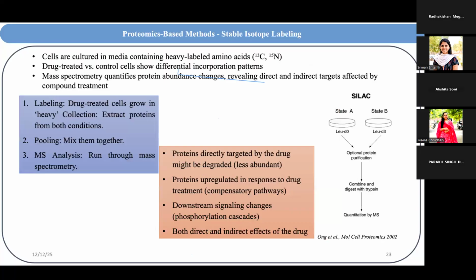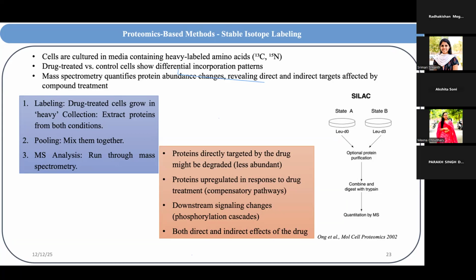Next comes the powerful topic called proteome-based stable isotope labeling. These are the methods associated with proteome-based studies. It is an approach for quantifying protein changes. We grow cells in two conditions, for example, drug treated versus control.